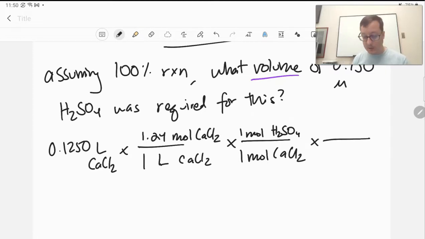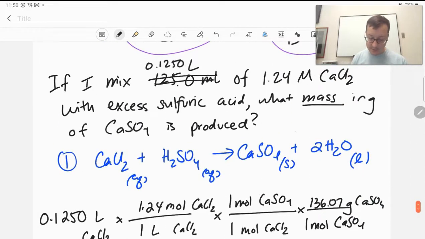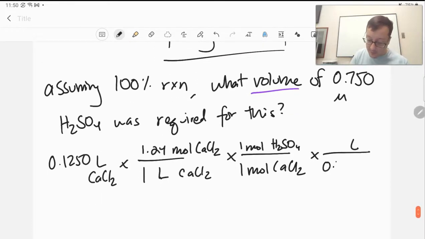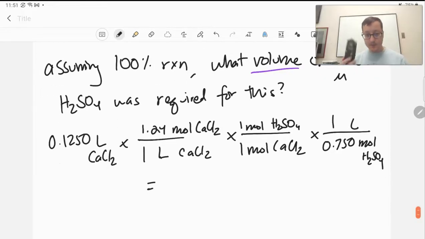In this case, we're looking for the liters, so we want the liters on top. And we have our molarity, which was 0.75. So that number is the moles, right? That's how many moles in 1 liter of sulfuric acid.